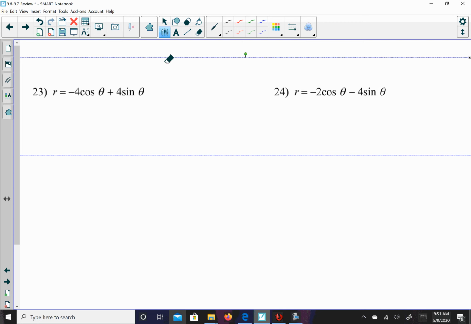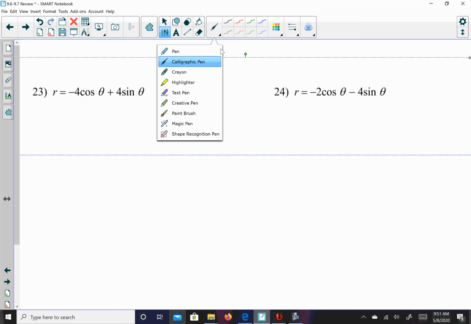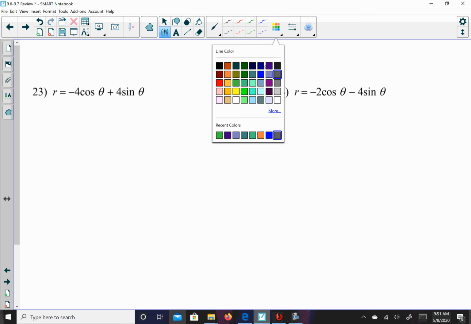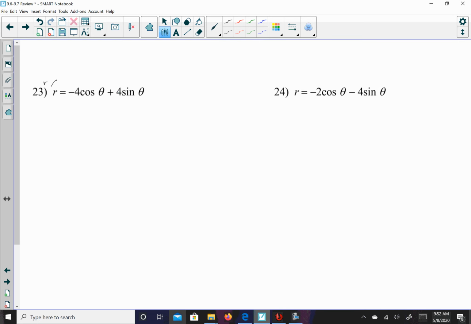I don't have a tangent or a cotangent. So I'm going to have to find a way of doing r sine, r cosine. Here I have the r, and then here I have sine and cosine. If I multiply everything by r, I'm going to have r squared is equal to negative 4r cosine theta plus 4r sine theta.